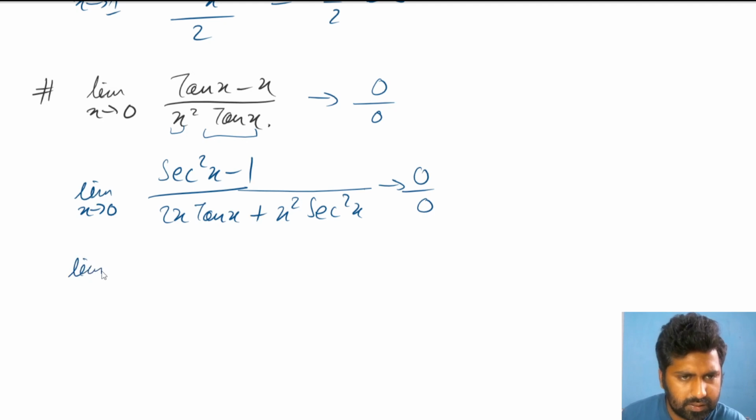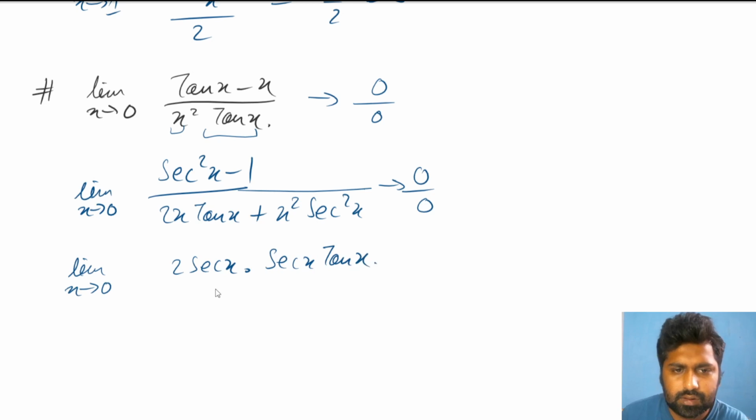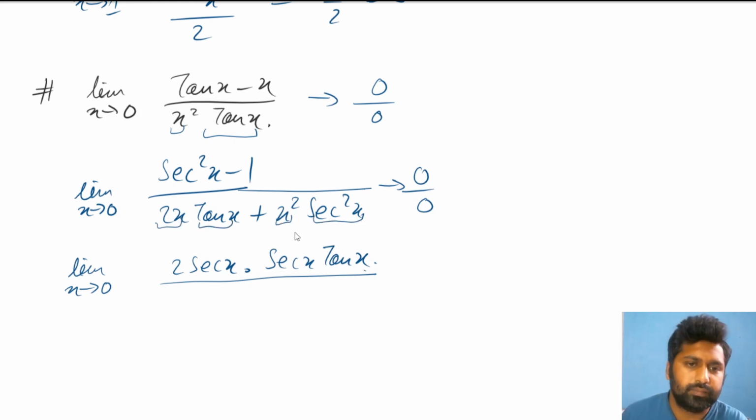Limit x tends to 0. If we differentiate sec square x, it becomes 2 sec x, and then the differentiation of sec x is sec x tan x. And in the denominator, let's use uv here also.